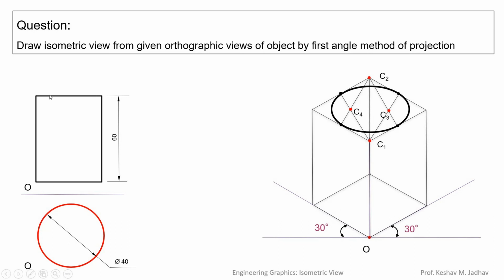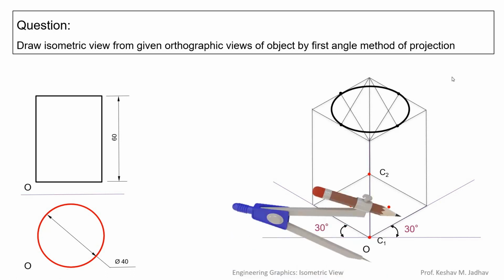So we have drawn this top circle. Similarly we can draw this bottom circular part which is at 60 mm distance. So instead of repeating this 4 center method for this rhombus, as the diameter of this top circle and bottom circle is the same, we can just shift the centers by 60 mm distance in the downward direction like this. So without repeating this procedure we can directly get the centers.